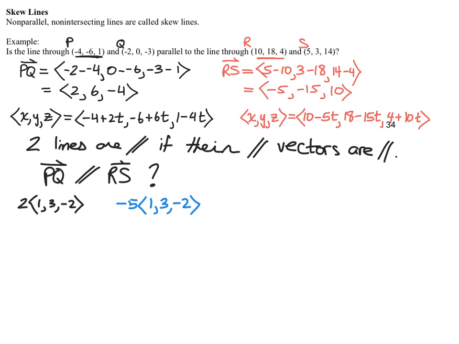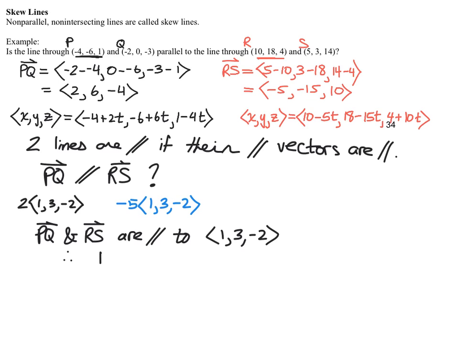So PQ and RS are parallel to 1, 3, negative 2. Therefore, they are parallel to each other.